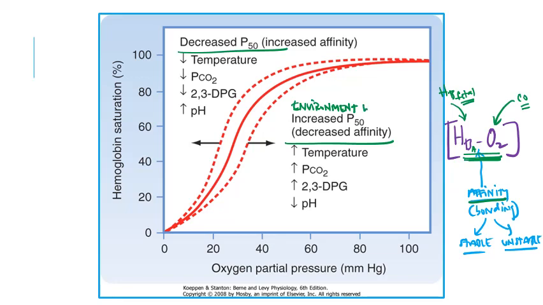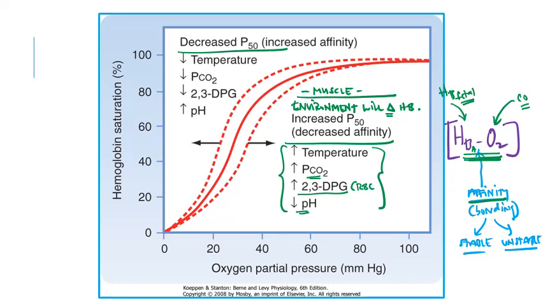And I'm going to write: environment will change, that's delta, will change hemoglobin structure. And the environment I'd like to talk about first is a muscle that is running a marathon. Here the temperature will be a little bit higher, the partial pressure of CO2 will be elevated, which will reduce the pH or increase the acidity. There will be more of a molecule called 2,3-DPG, which is found in the red blood cells.